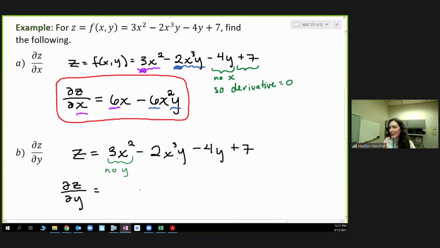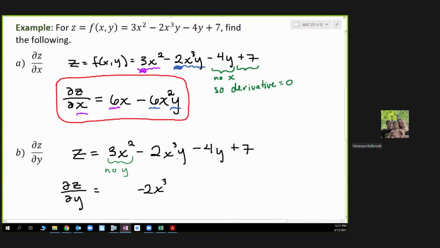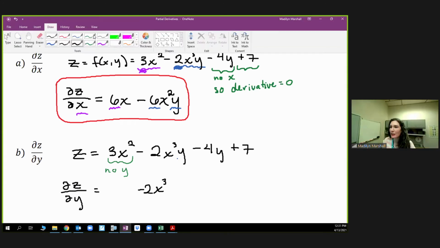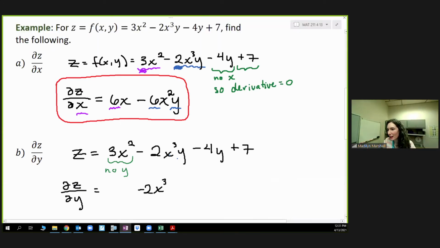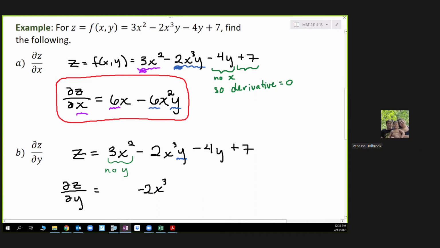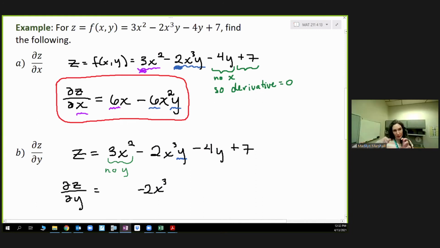So this one will be minus 2x cubed. Here we need to remember to focus on the variable we're looking at. So this is just a y. When our variable is just multiplied to something and it doesn't have a power, our variable just goes away and the something is left over.